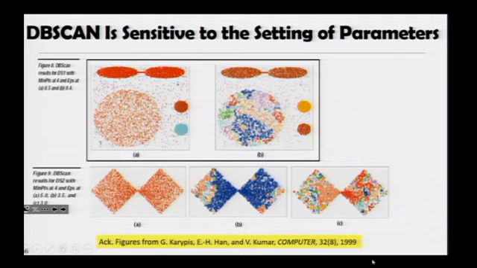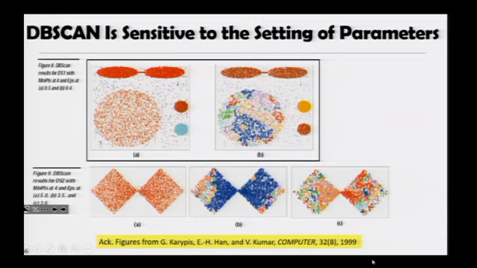So in subfigure A, they define a relatively larger neighborhood when they check this minimum points of 4, versus in figure B, they use a relatively smaller neighborhood when they check a certain number of minimum points at 4.